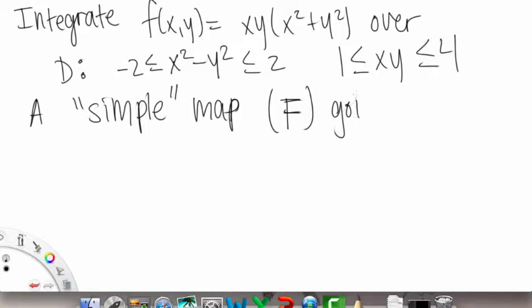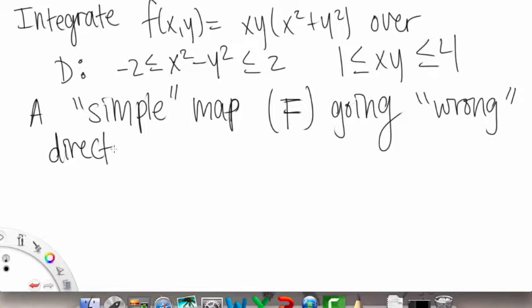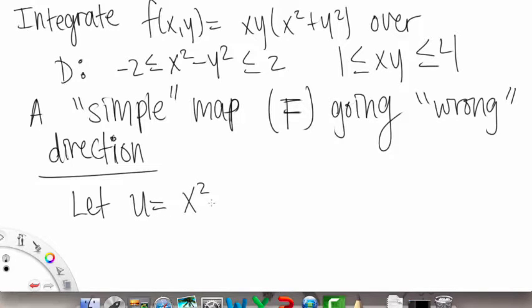So this goes in the opposite direction, basically, because we're starting with an xy point, and we're going backwards into u and v. So the first step is to let u equal x squared minus y squared. And the purpose of doing this is to simplify this part right here, this interval.